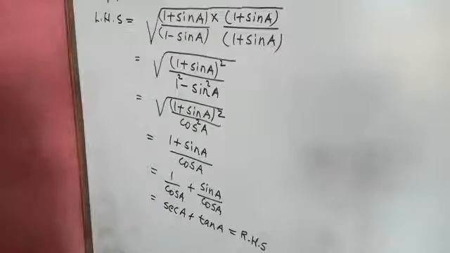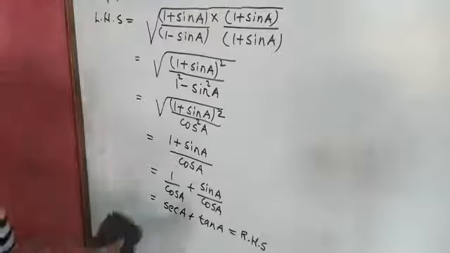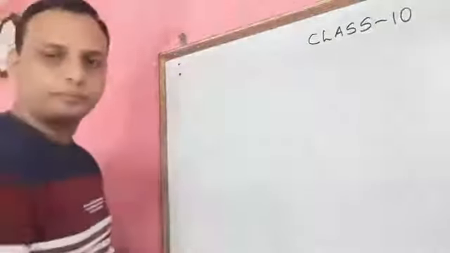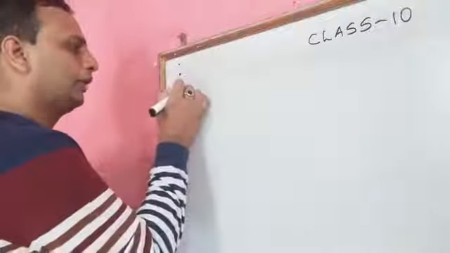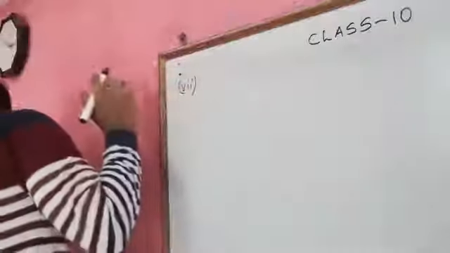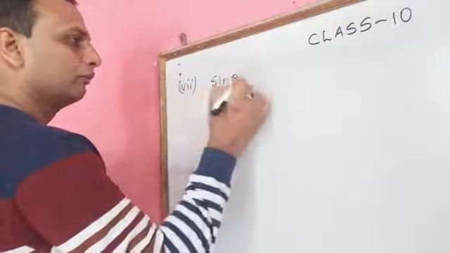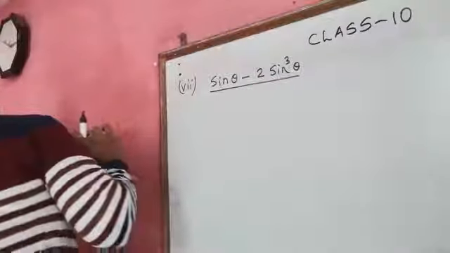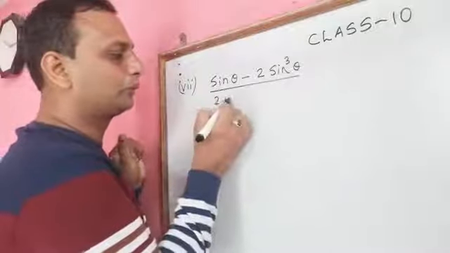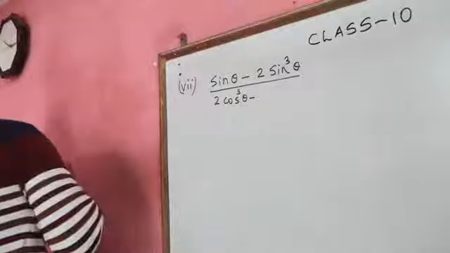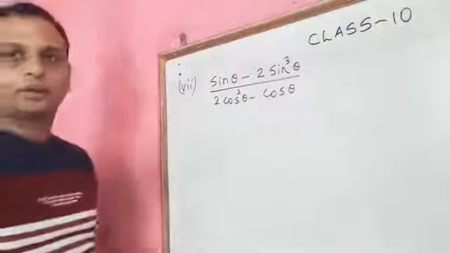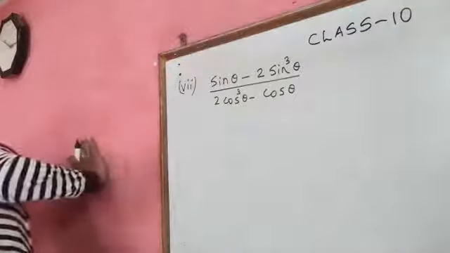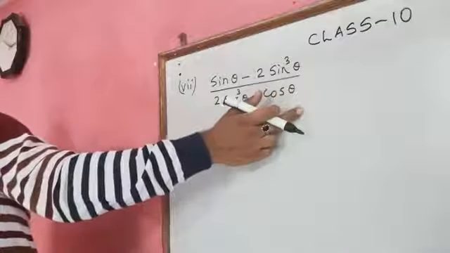Now we take question number 7. In question number 7 we have (sin theta minus 2 sin cube theta) over (2 cos cube theta minus cos theta).